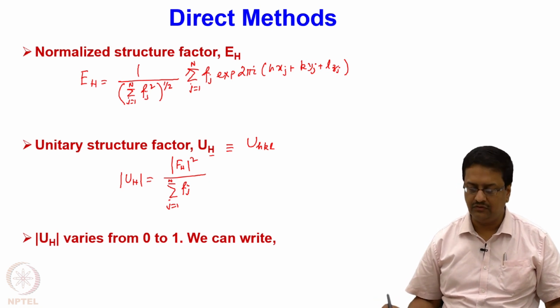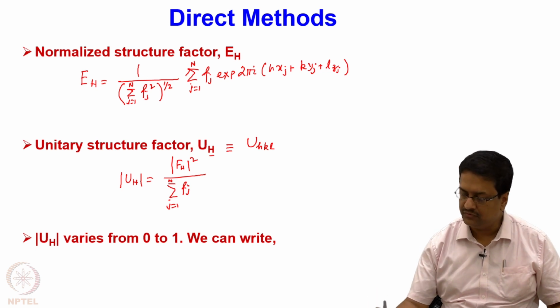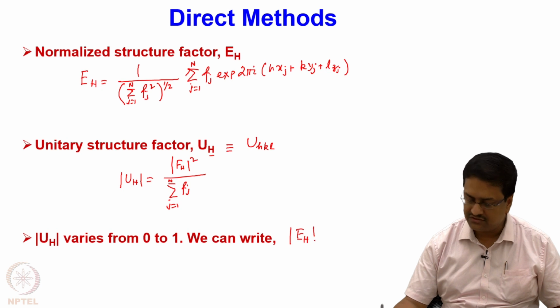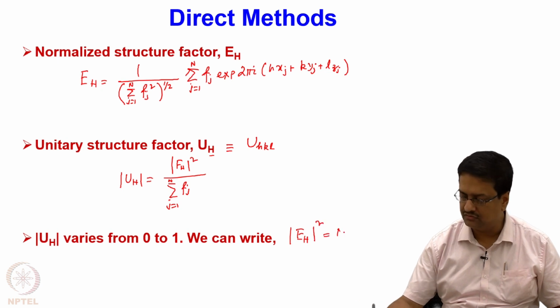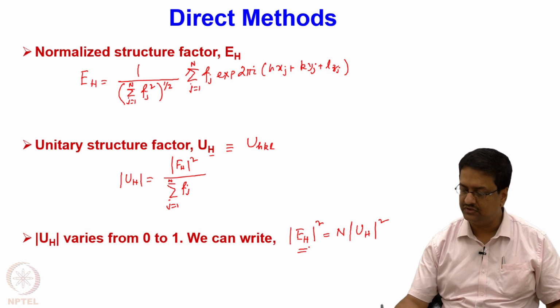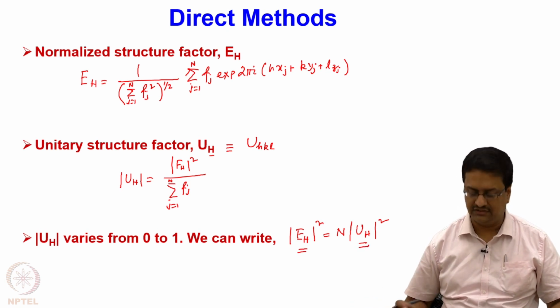The value of U_H varies from 0 to 1, and further we could write that E_H squared is equal to n U_H squared. So we could write an expression between the normalized structure factor and the unitary structure factor.